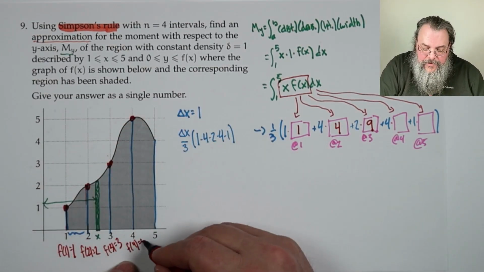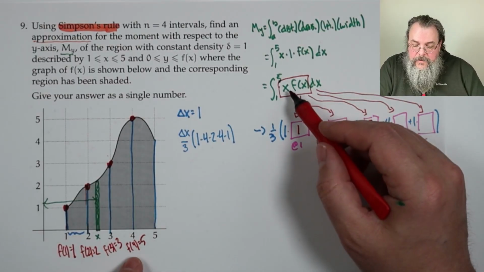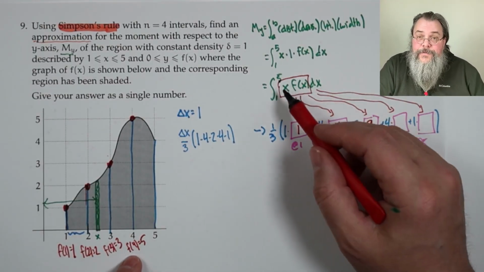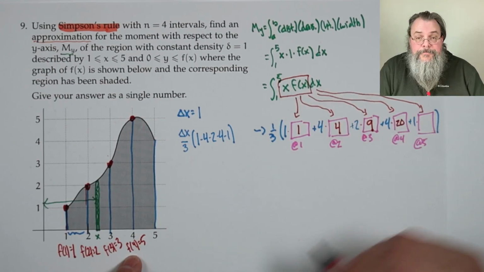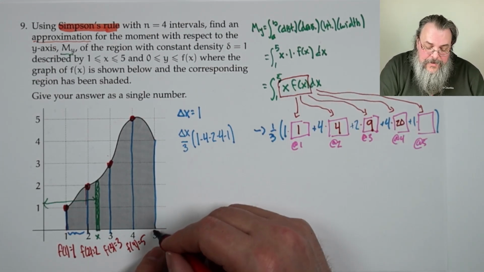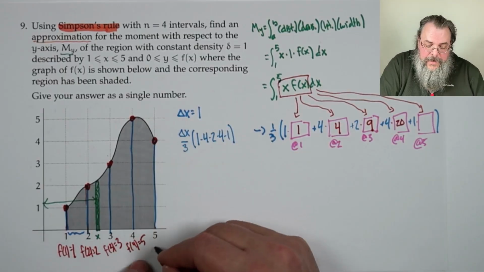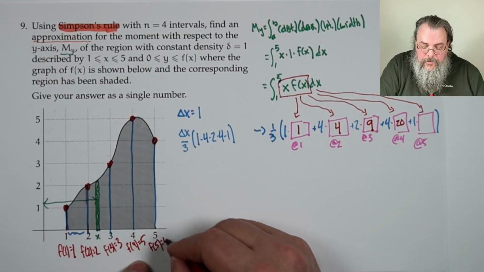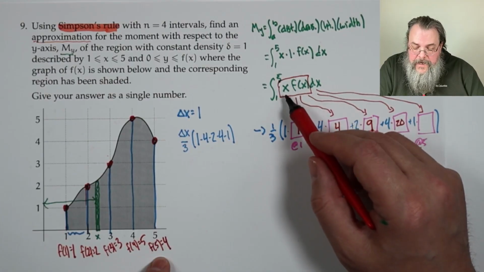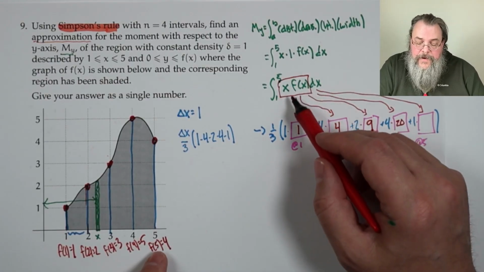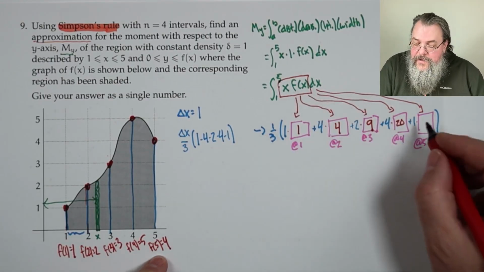So f of 4 is 5. So we plug in 4 times f of 4. 4 times 5 is 20. And now, here, we have that f of 5 is 4. So when we plug in x equals 5, 5 times f of 5, 5 times 4 is also 20.